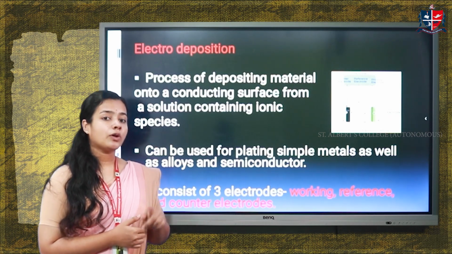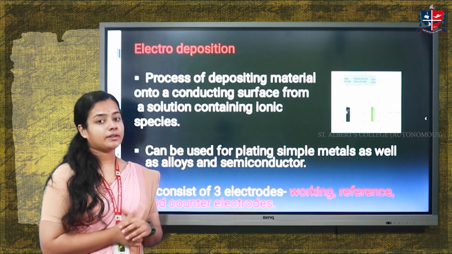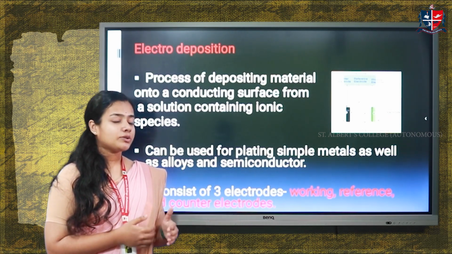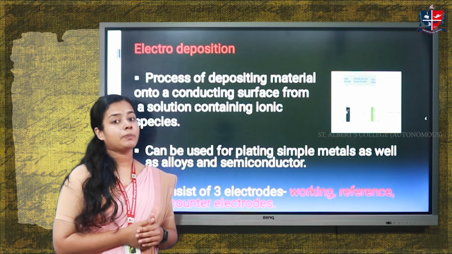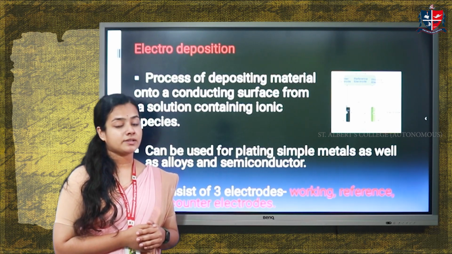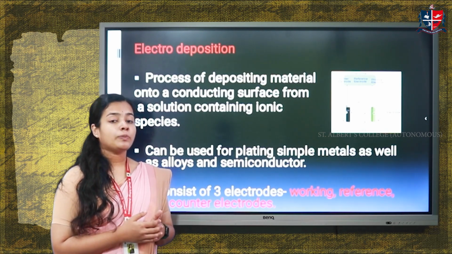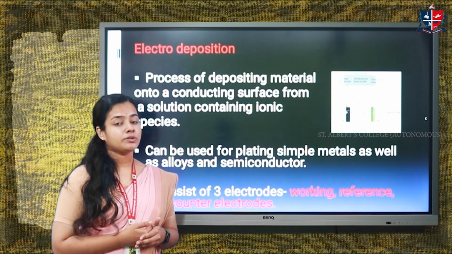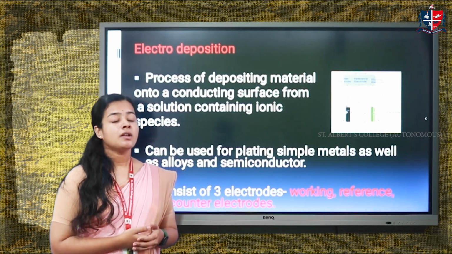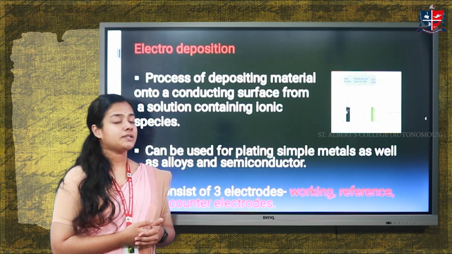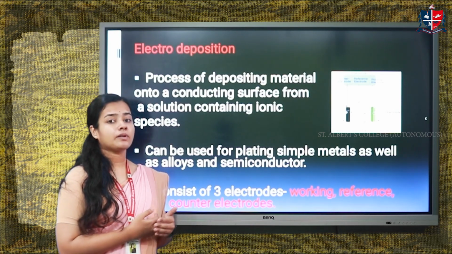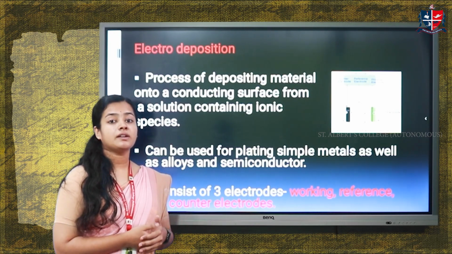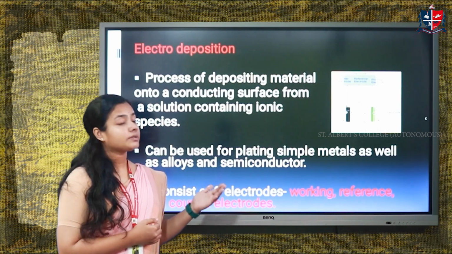So the electron flow will start from anode to cathode. In the electrolyte solution, the copper sulfate will split into Cu2+ and SO4 2-. This Cu2+ wants two electrons to become stable. So when searching for electrons, they will see a large amount of electrons on the cathode side.